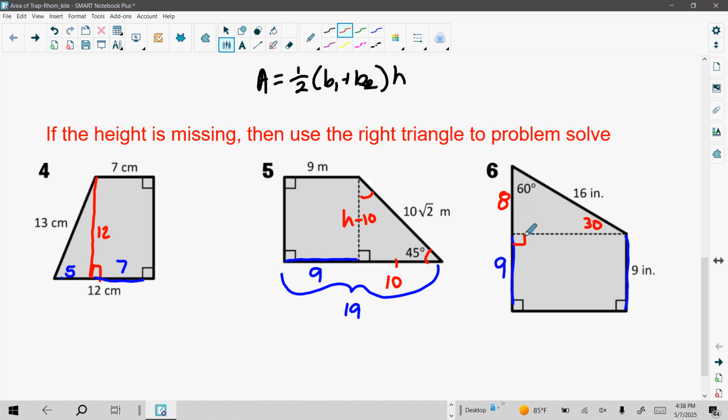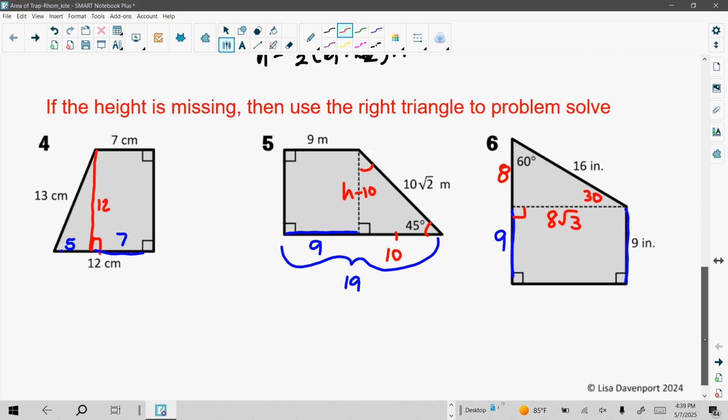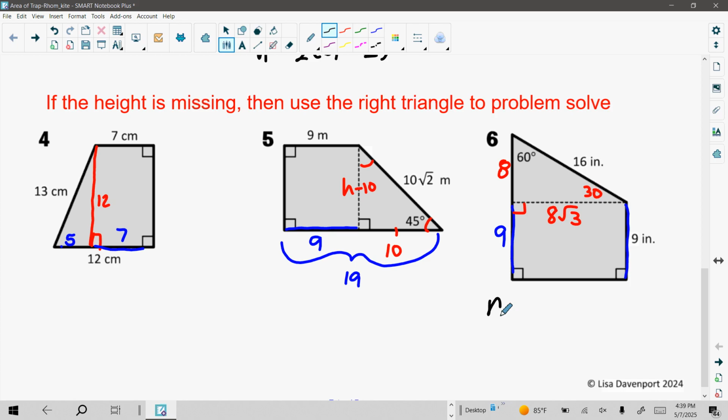So that means our height, which is this long leg, would be 8 root 3. When I plug it into my formula, 1/2 base 1, which is my 9, plus base 2, that's adding these two pieces together, which is 17, times the height, which was the 8 root 3.